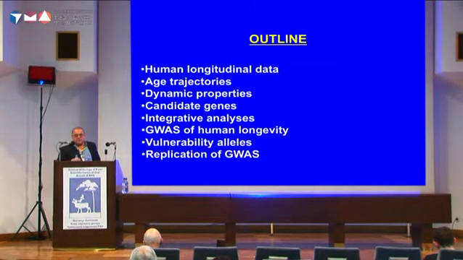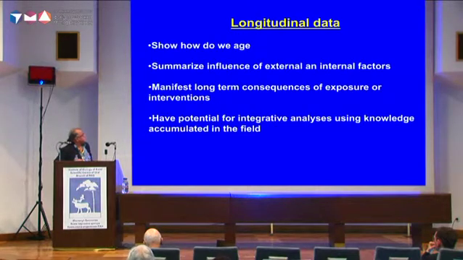The results of recent research show that many findings are not confirmed in independent populations. Some are confirmed, but some are not. Why? From our point of view, this is due to the nature of the interrelations of lifespan depending on genetic and non-genetic factors. So longitudinal data.